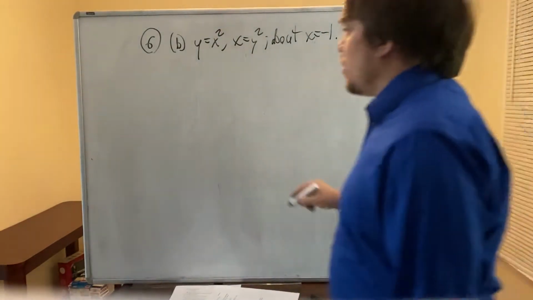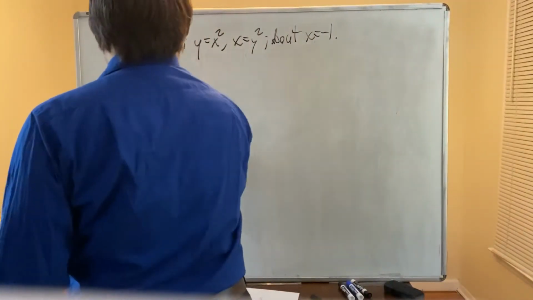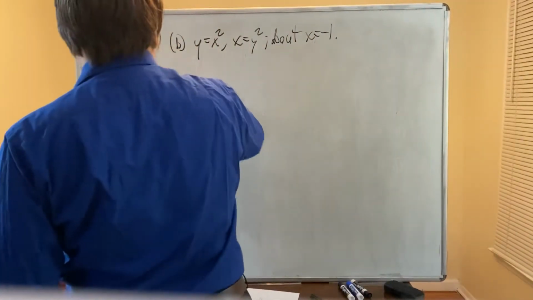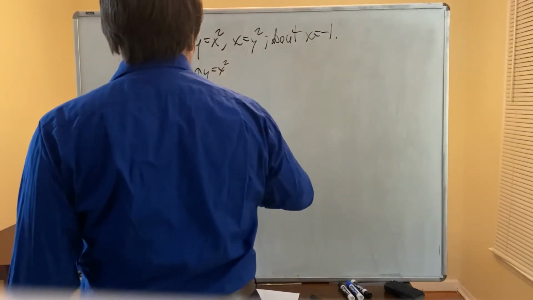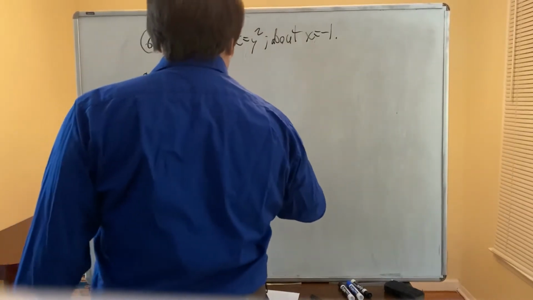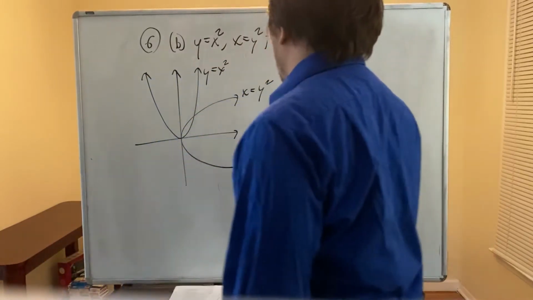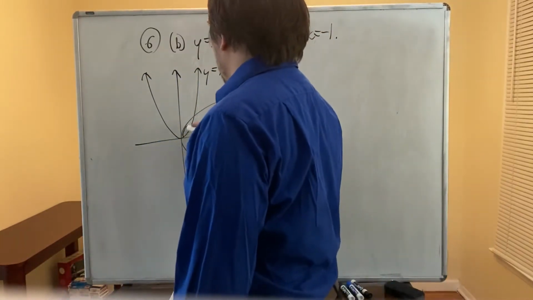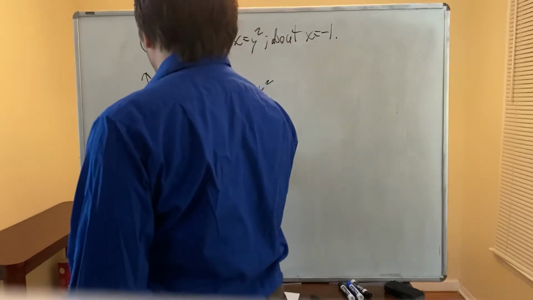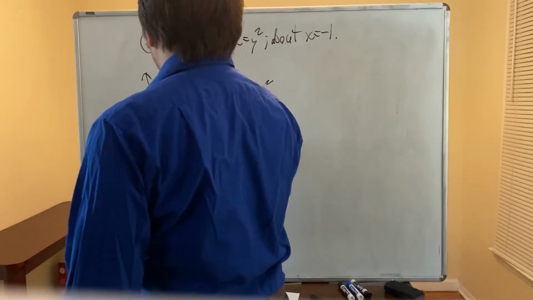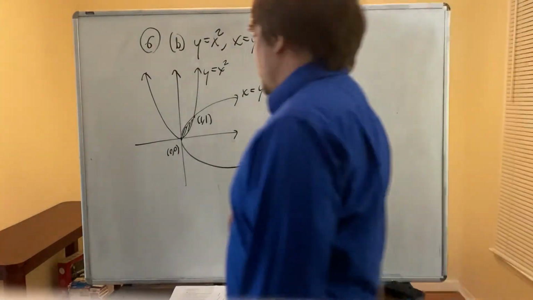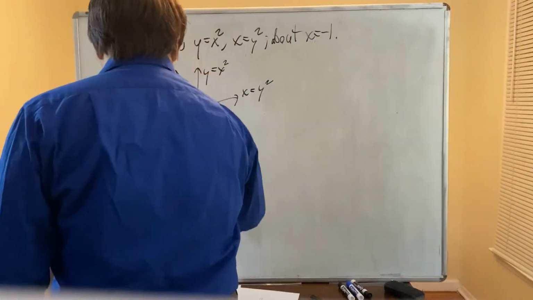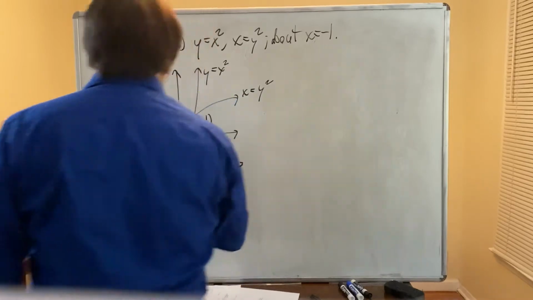All right, so let's draw the two graphs. And that's x equals y squared. We have the region between the two curves, and they intersect at the origin and at the point 1, 1. About the line x equals -1. There's the line x equals -1.